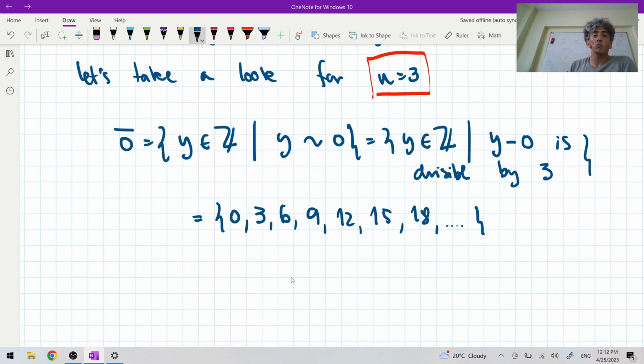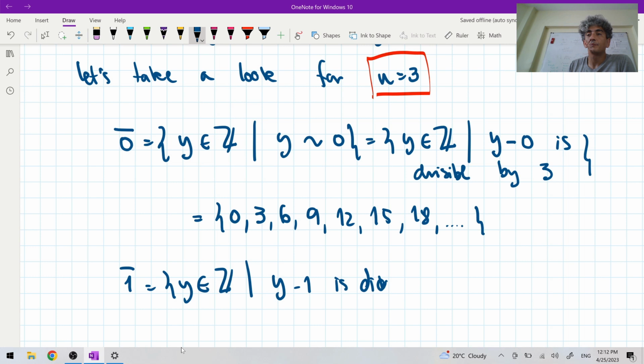Then we can take a look at 1. This is the set of all the integers such that y minus 1 is divisible by 3.